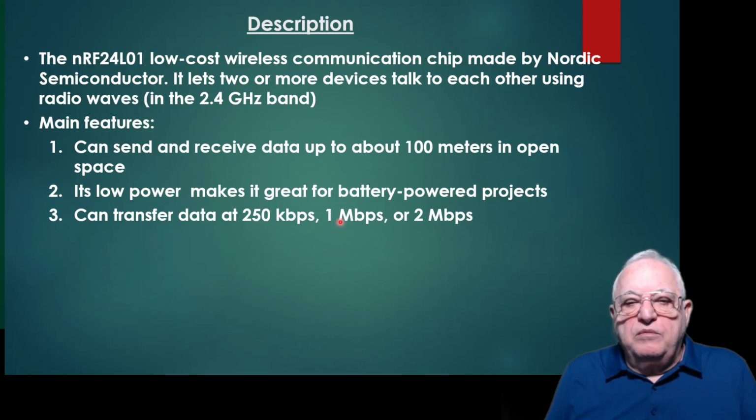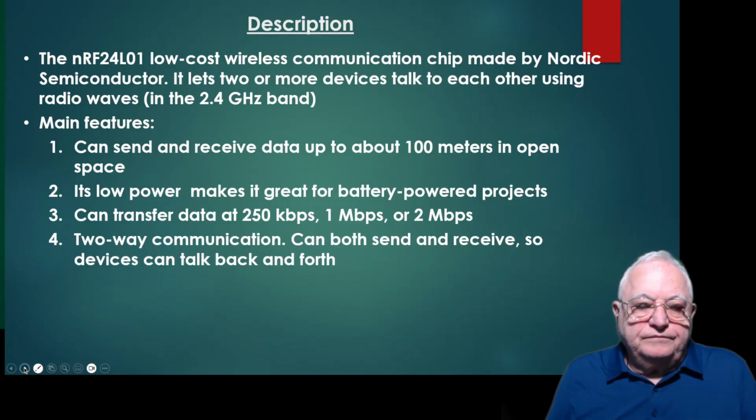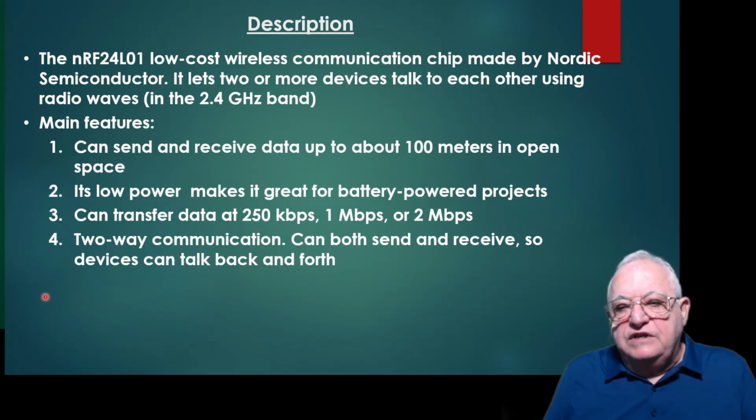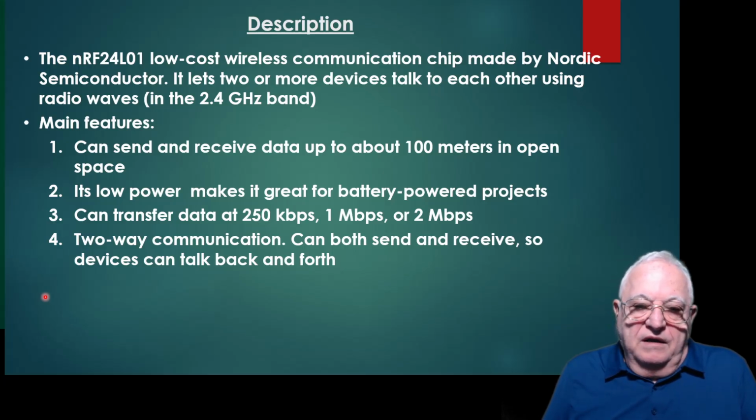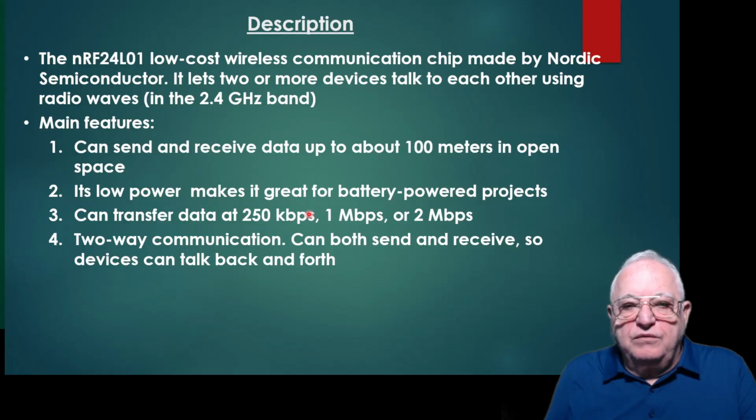In the sample program, we're going to be using the 1 megabit because that's usually the one that we've been having more success with in the transmission, because as you increase the rate, you start losing too many transmission parameters. Now, two-way communication means that we can both send and receive messages, which means the device can talk back and forth. I should say that with 1 megabit and with 2 megabits, we lose more messages. That's what I should have said.